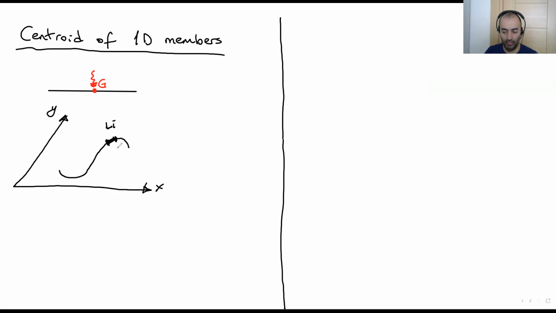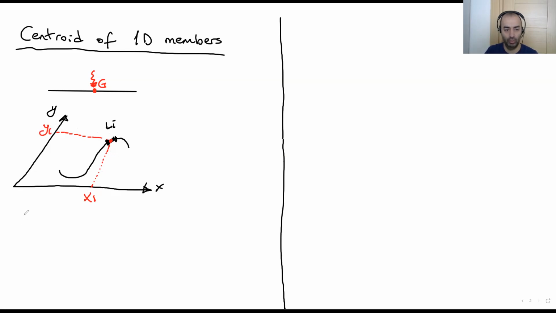For this Li, we have the xi coordinate and the yi coordinate of the center point of this member.